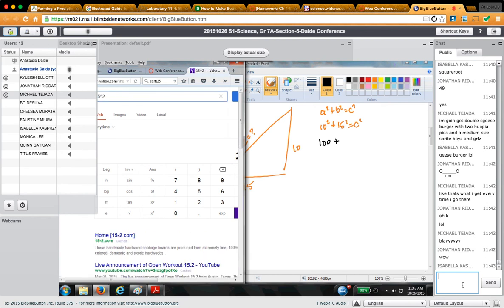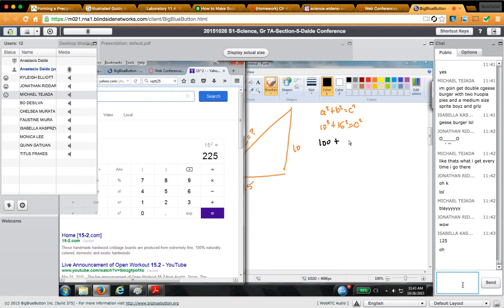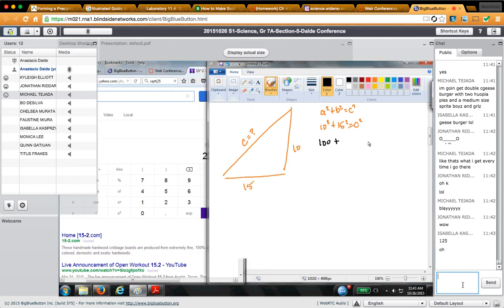15 squared, which is 225, I bet you. Yep, 225 is equal to c squared. So 325 is equal to c squared. So c is equal to the square root of 325.